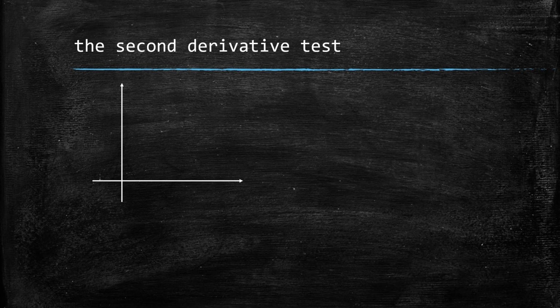If you have a local max, what do we know at that local max? We know that f prime of c equals 0. We also know, looking at the shape of the curve, that it's concave down. So if it's concave down, that must mean that f double prime of c, let's call this value c, has to be less than 0.